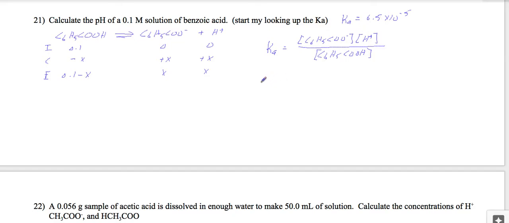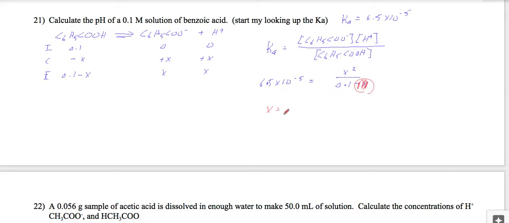We have our Ka of 6.5 times 10 to the minus fifth is equal to x squared over 0.1 minus x. And I'm going to go ahead and use the approximation on this one. Approximation means that I can get rid of that, and so it makes my math a lot easier, so I don't have to use the quadratic.